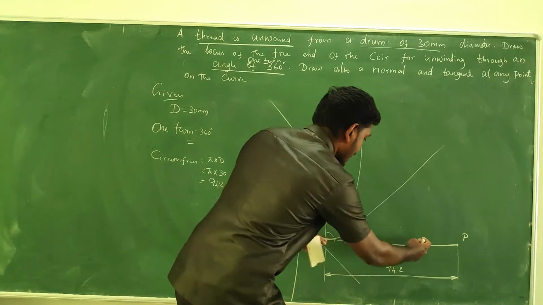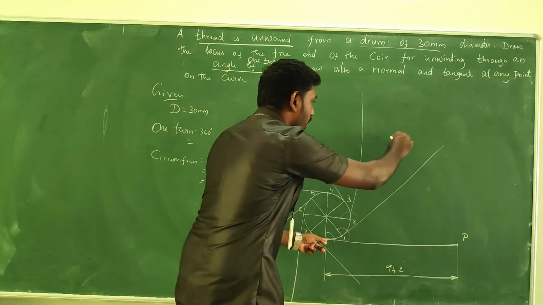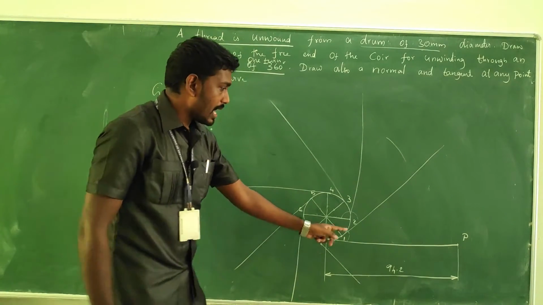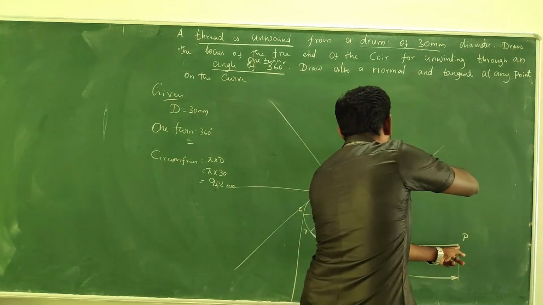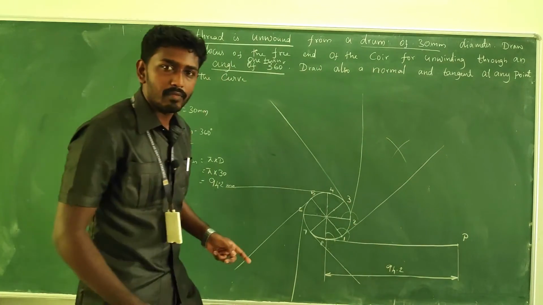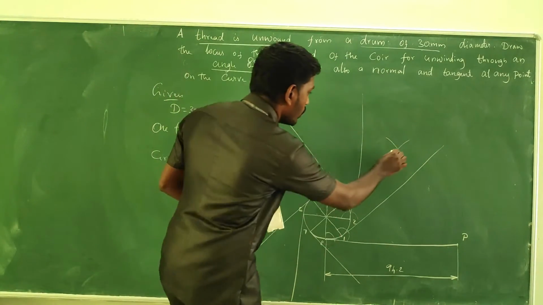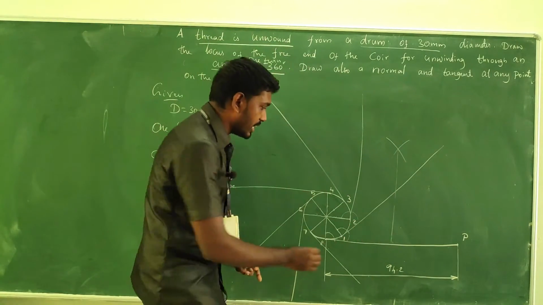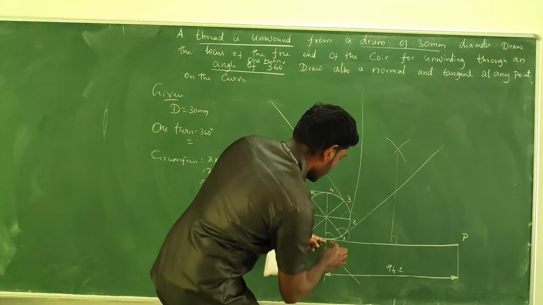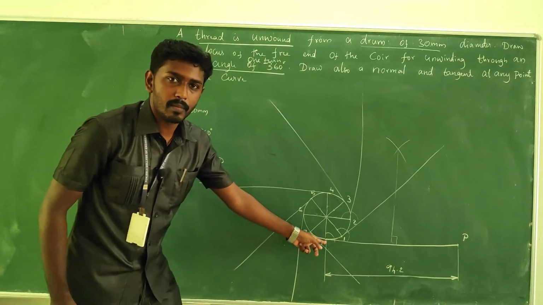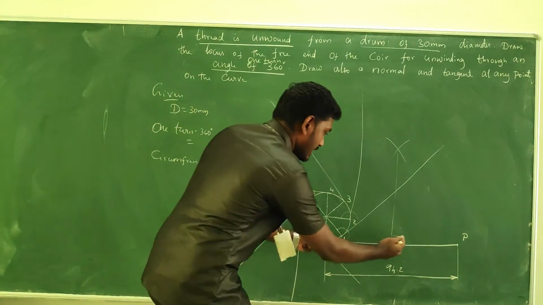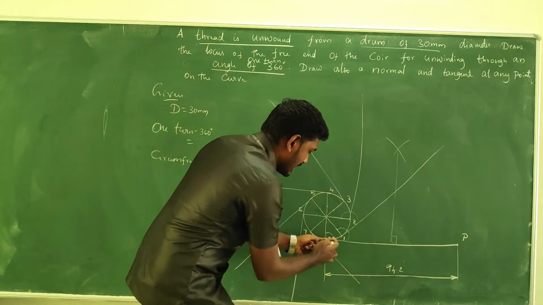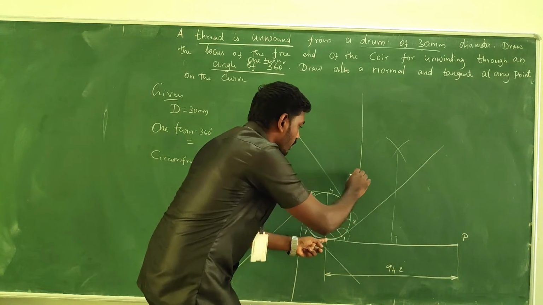Take your compass, take more than half of it and draw an arc by keeping it at one end, and from the other end draw an arc like this with the same measurement, and now drop this line 90-degree to the tangent line from the 8. The same thing, now it is divided into 2. Next this should be divided, right? So take more than half of it and make a cut mark.